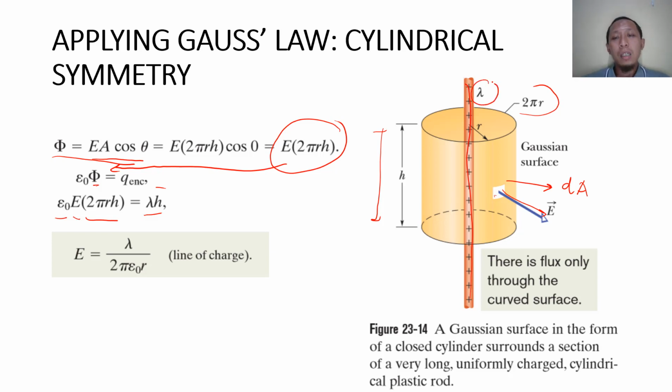Because lambda is the charge per length of this very long line of charge, and h is the height of the cylinder. So q enclosed is equal to lambda dot h. So the electric field E is lambda per 2 pi epsilon 0 r. This is for the line of charge. So we can determine the electric field by using Gauss law for the line of charge.